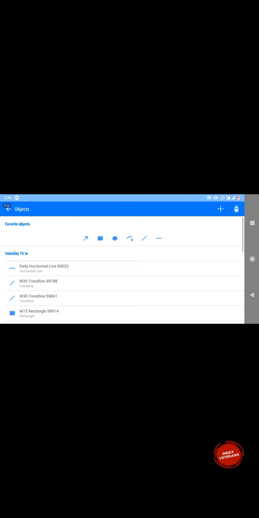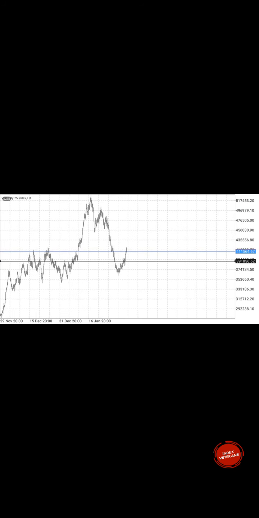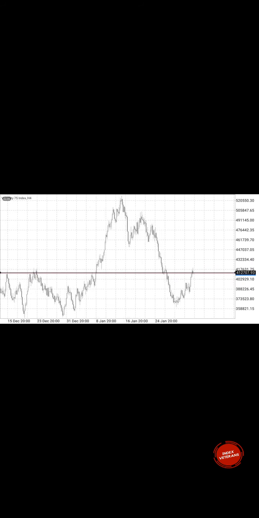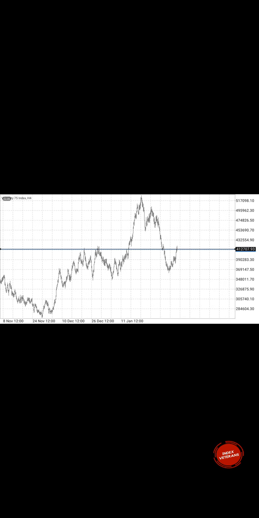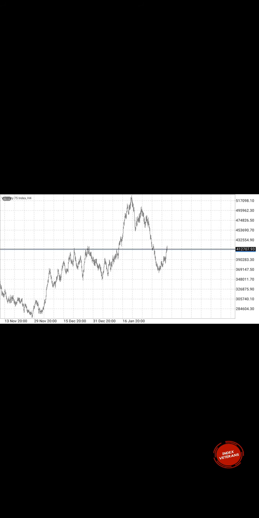We start by placing the trend lines, like the support and resistance. I usually place them first where I see it is clear, guys. And if you don't know how to place support and resistance, there's a video on my channel on how to place support and resistance, so be sure to watch it.